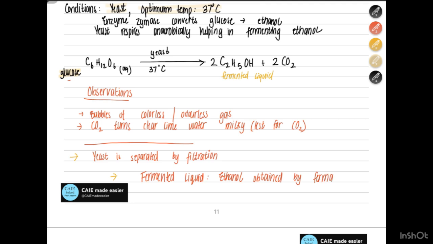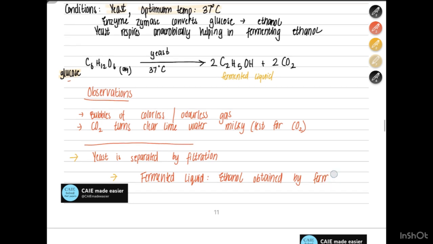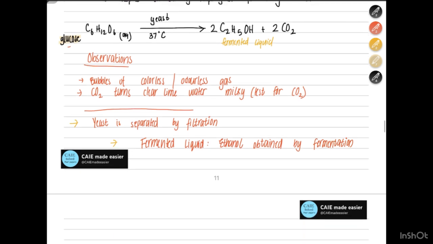I'm actually giving you some important questions that you may face while solving past papers regarding fermentation. Now, let's say you have your fermented liquid. Now glucose is there too, right? What will you do if you want to concentrate your fermented liquid?